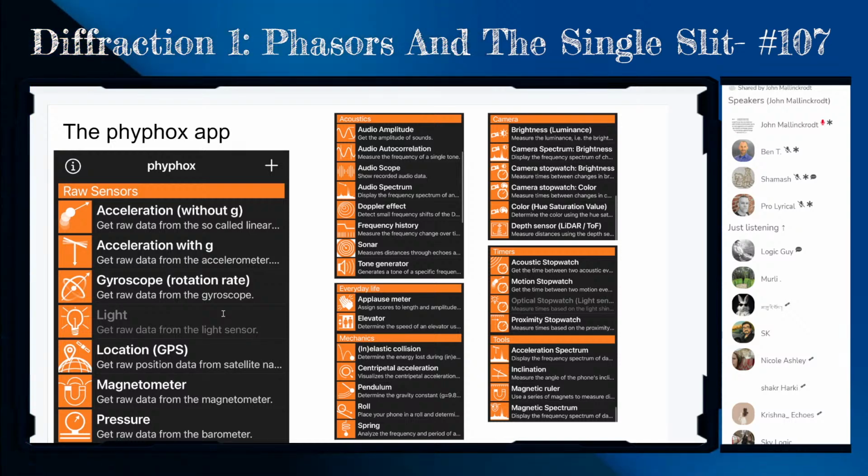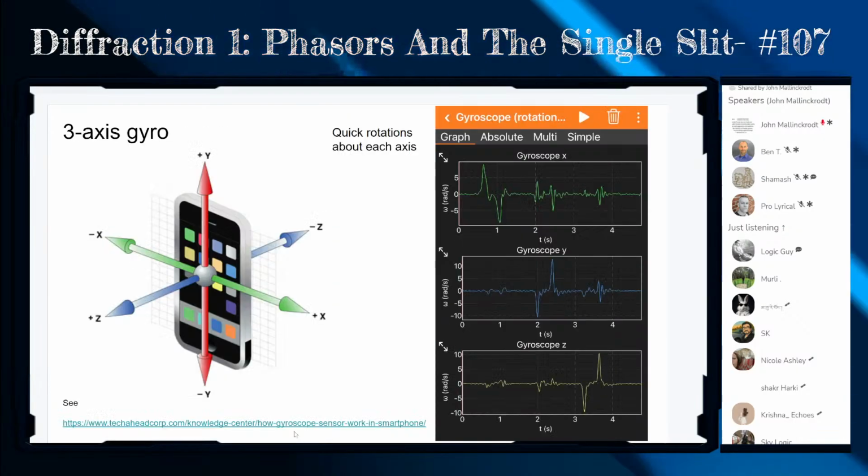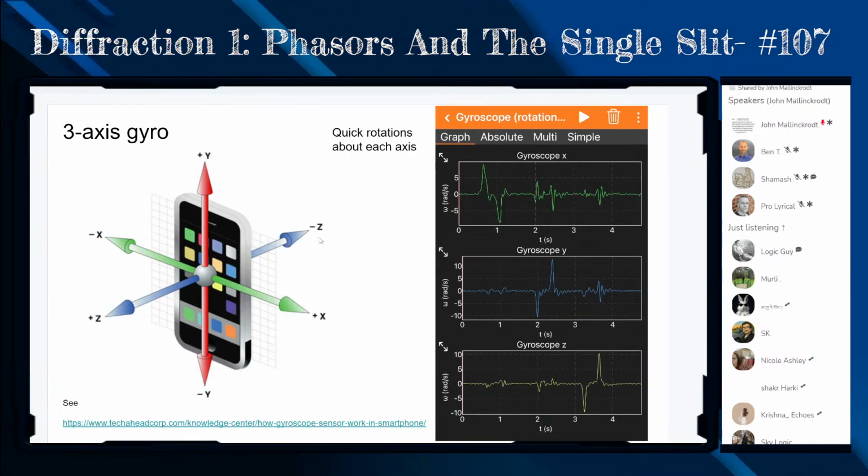On slide 3, I'm going to talk very briefly about the raw readout of the gyro. The phone has a 3-axis gyro that will tell you the angular velocity, how fast your phone is rotating about each of its 3 axes.